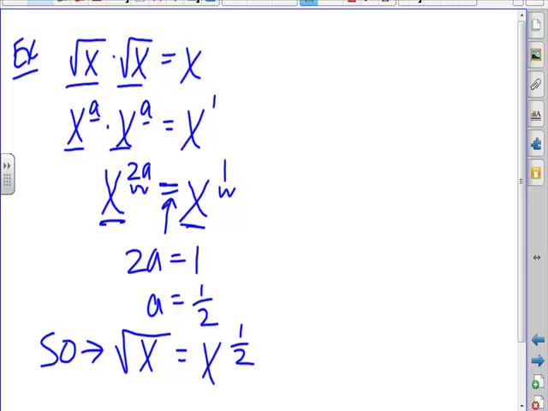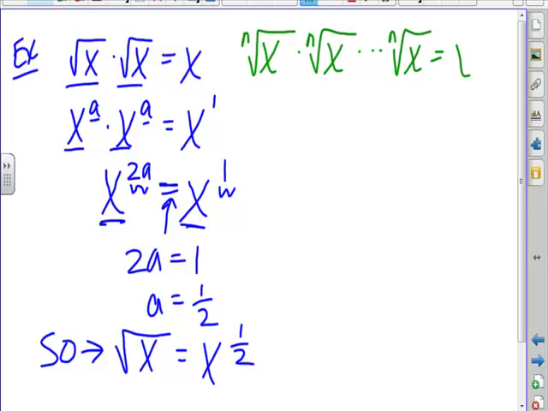So, just to play that out, if we have the nth root of something, just so that we can have it be a cube root or a fourth root or whatever, basically, in order to get to x, we have to continuously multiply the root n times, and we will then get to x. So if I do the same thing I just did, I would have x to the a times x to the a times x to the a would be equal to x to the first.